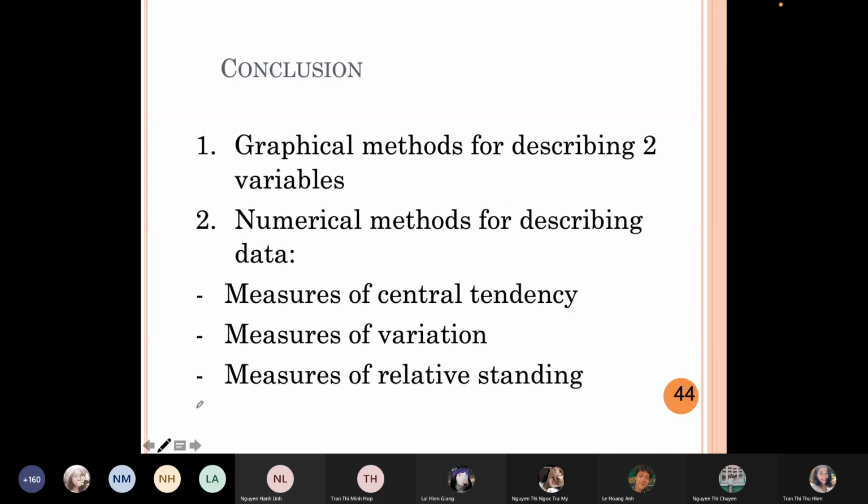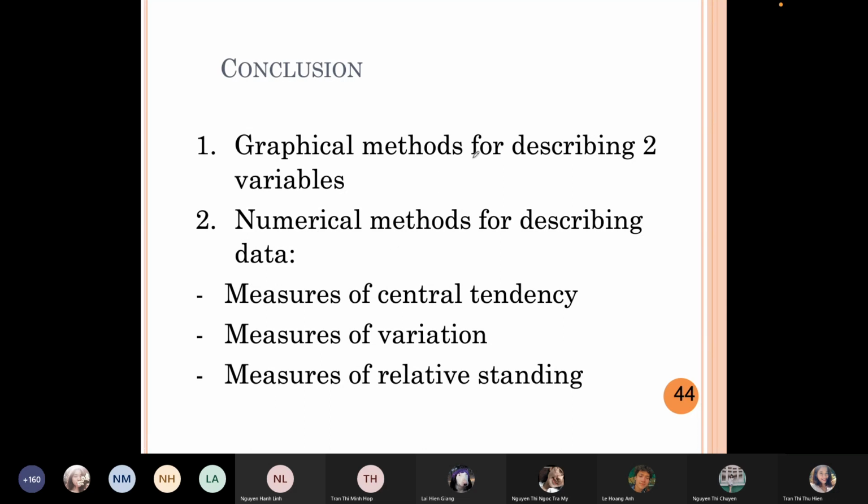Okay, so is it the end for the second lecture? I think it is not a difficult lecture, but it is quite long because it has a lot of definitions about the methods, numerical methods.